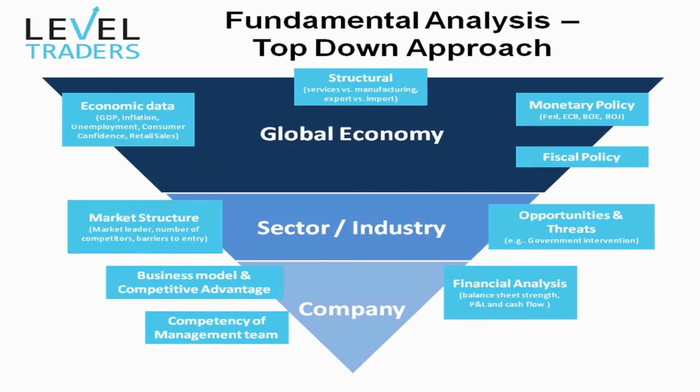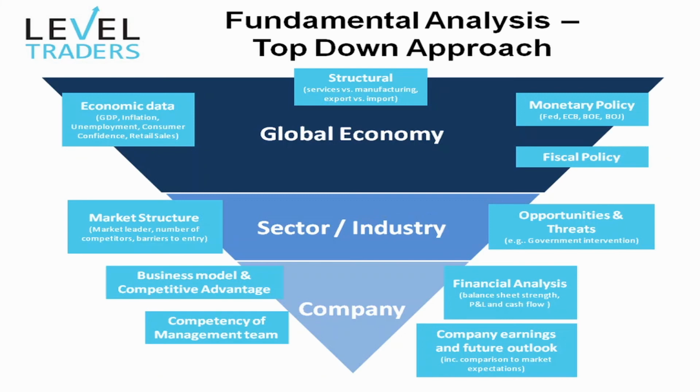I spoke about this before. This is the next one, which is financial analysis, so looking at the balance sheet strength, P&L and cash flows. Then we have, linked to this, company earnings and future outlook. You can get companies where they report a loss but the share price goes up, and you're thinking, why is the share price going up? The company made a loss. But the way the market works is the market has an expectation, and if that expectation is beaten, then the share price tends to go up.